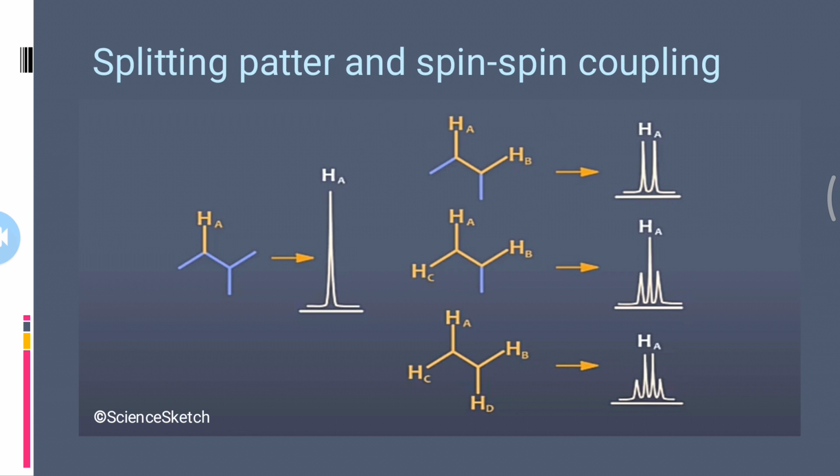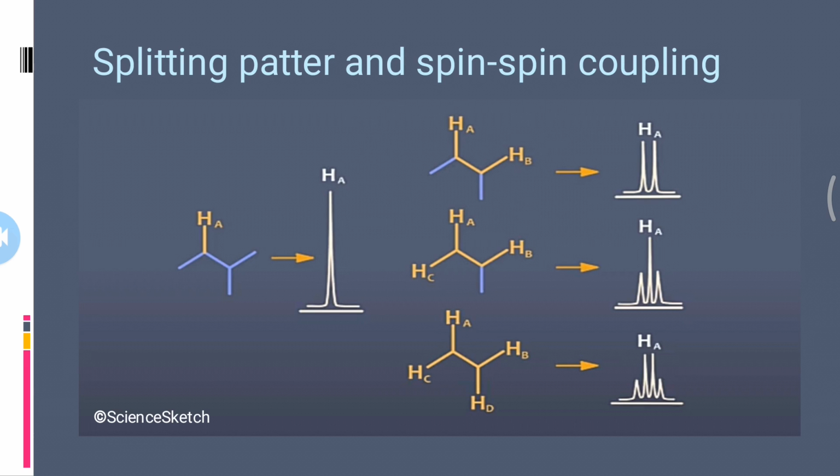HA. If there are no neighboring groups, it gives a single signal. HA gives a single peak. In another example, a neighboring proton is present.